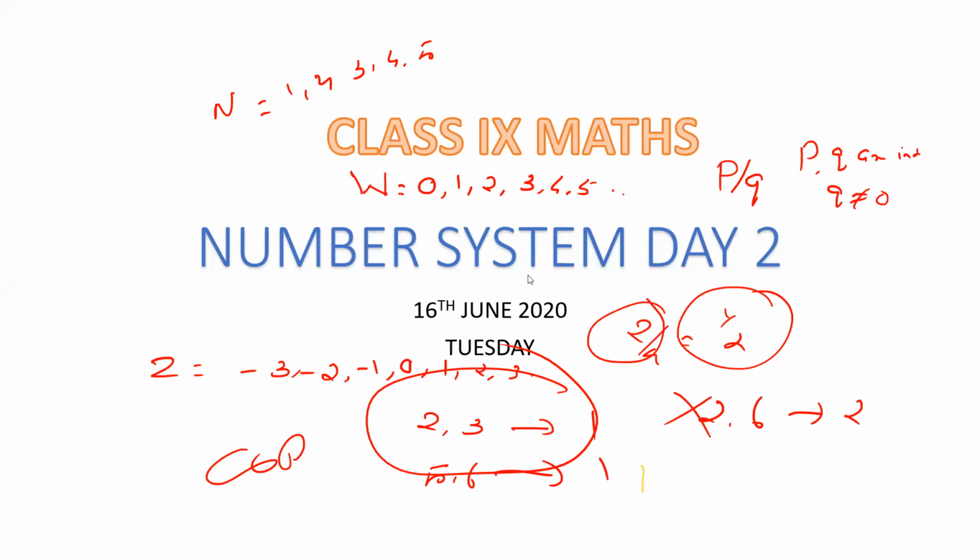Then what is prime number? Prime number you have studied previously. These are the examples of prime number: 2, 3, 5, 7, 11, 13. All these are called prime numbers. Why is it called prime number? 2 you can write as 2 into 1, 3 as 3 into 1, 5 as 5 into 1.